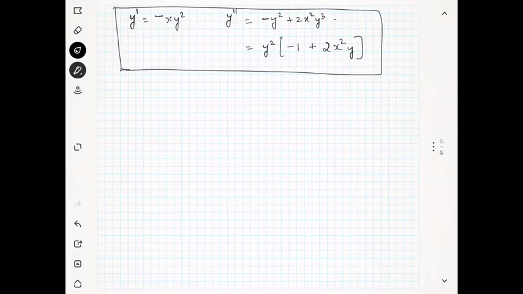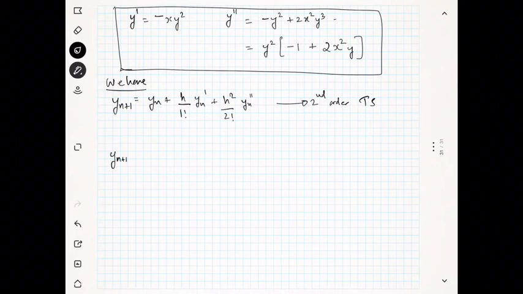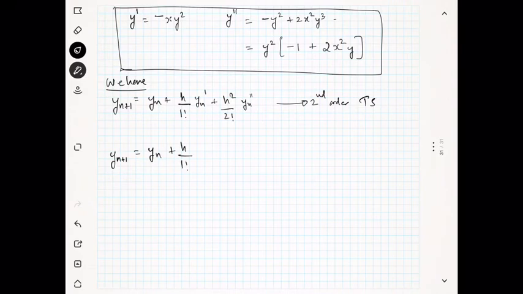Now you just need to substitute in the equation. So yn plus 1 is equal to, we have our equation, I will write it once again, yn plus h by 1 factorial into yn dash plus h square by 2 factorial into yn double dash. This is nothing but the second order Taylor series. Now we will substitute yn plus 1 here, then this is nothing but yn plus h by 1 factorial.